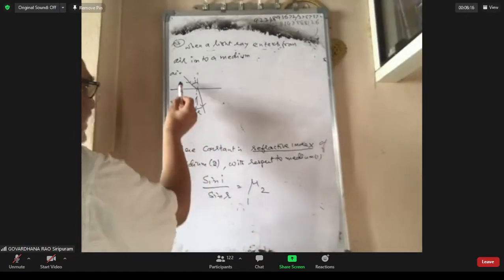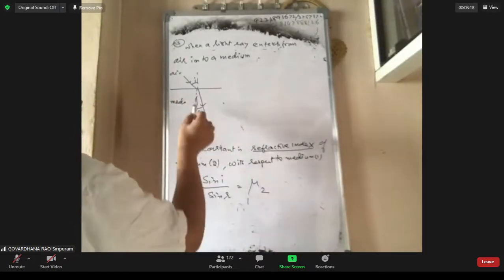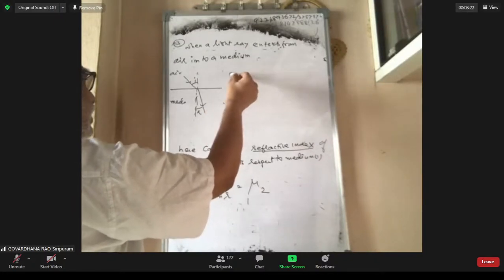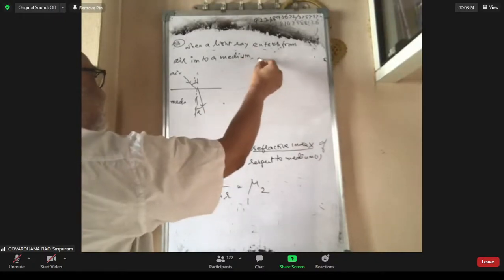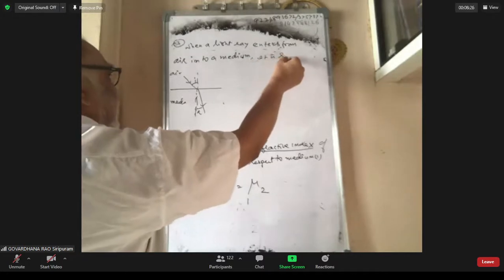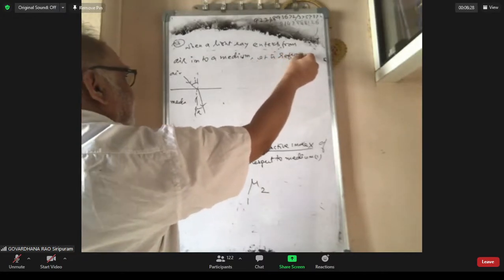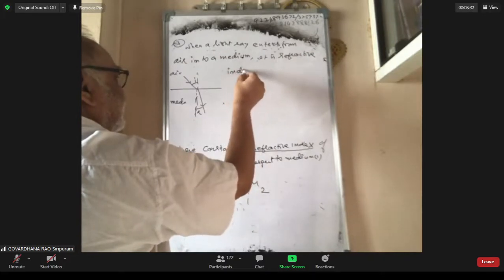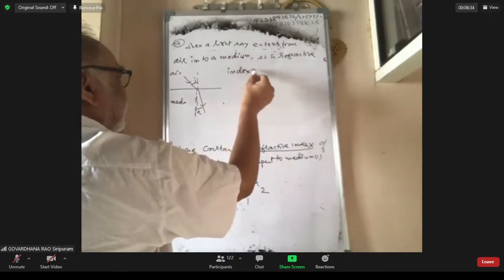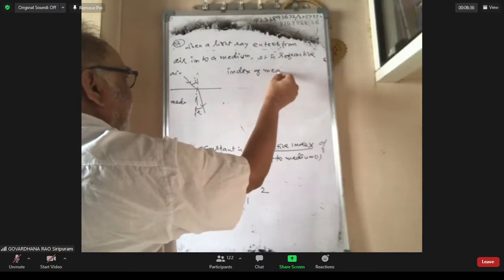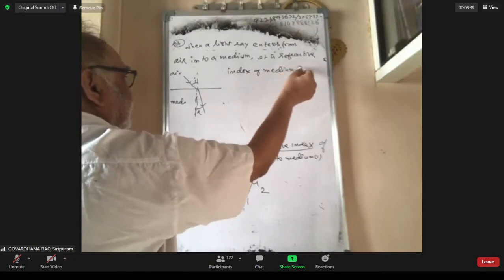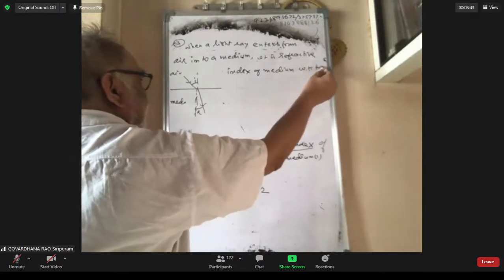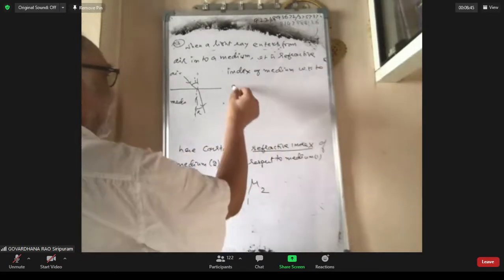So when a light ray enters from air into medium, it is the refractive index of medium with respect to air.